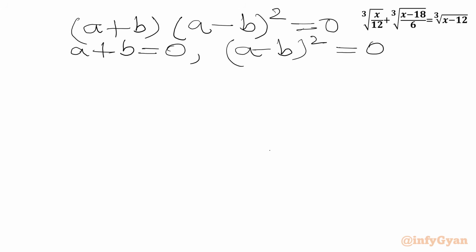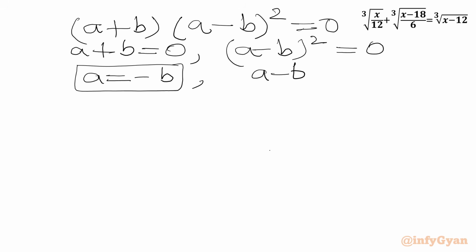So from our first equation we will get a equal to minus b. And from the second equation we will write a minus b equal to 0, or a equal to b. So we have two results. Either a should be equal to minus b or a should be equal to b.